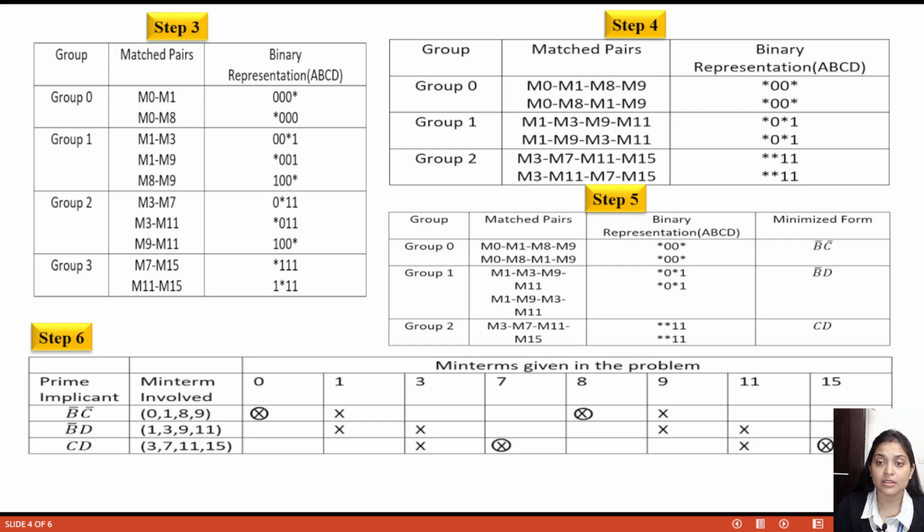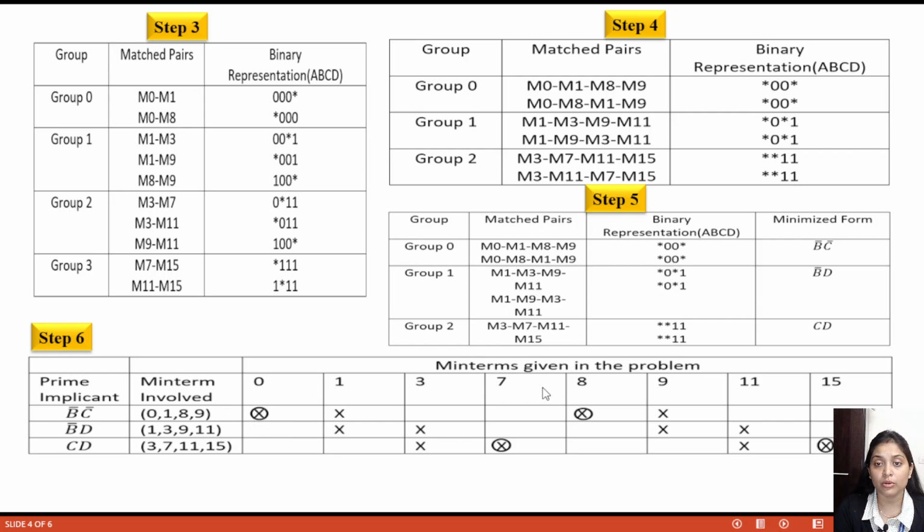Next step is you have to find out where only a single cross is there. If there is any single cross, you have to mark a circle. Like that, in the column 0, that means in the minterm 0, you can see there is a single cross mark, so we will circle it.